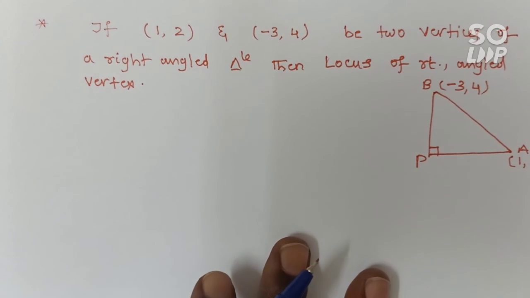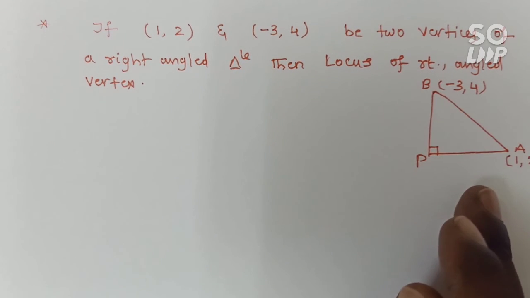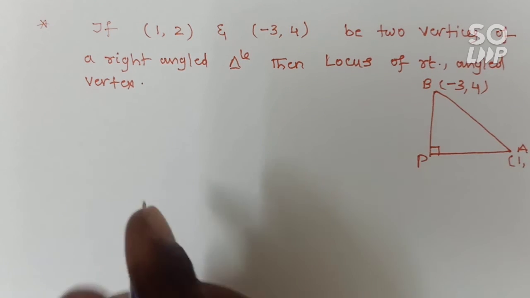Just now you discussed how to find the locus of the right angled vertex: A and B are the ends of a diameter of a circle.